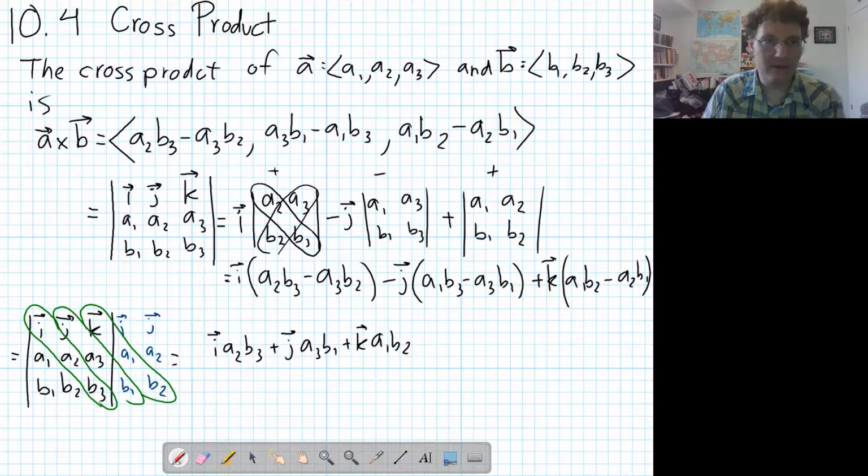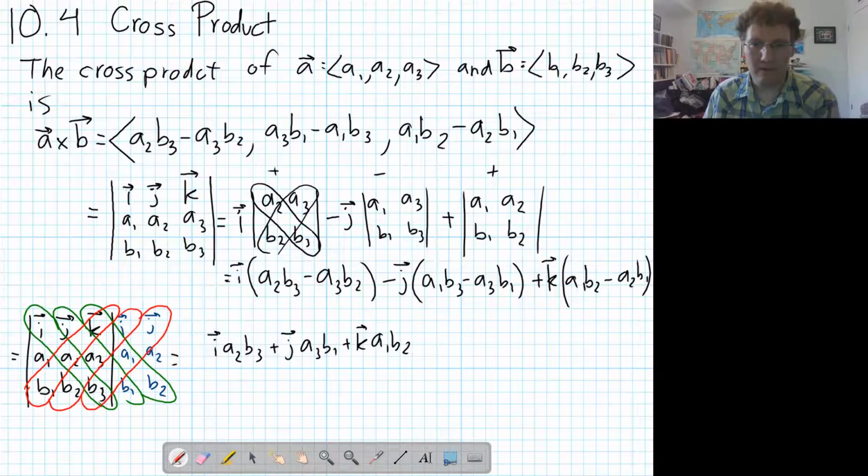Now we're going to have three products that are negative. This one, and this one. So we'll have minus k times A2 B1, minus the next one is i times A3 B2, minus j times A1 B3.